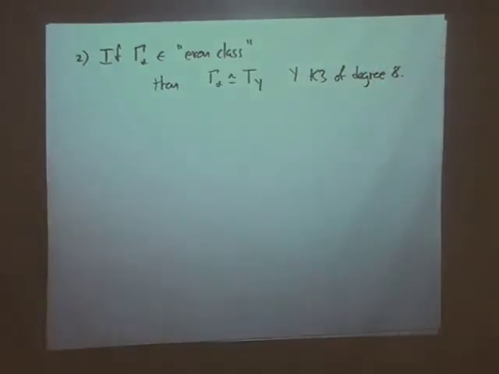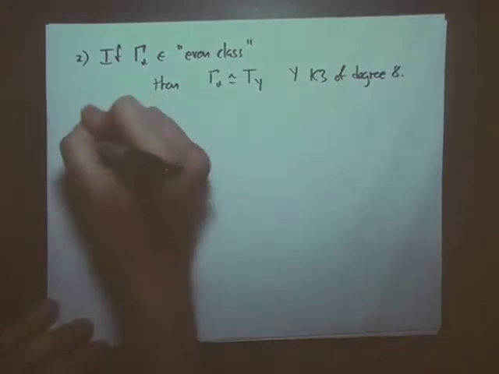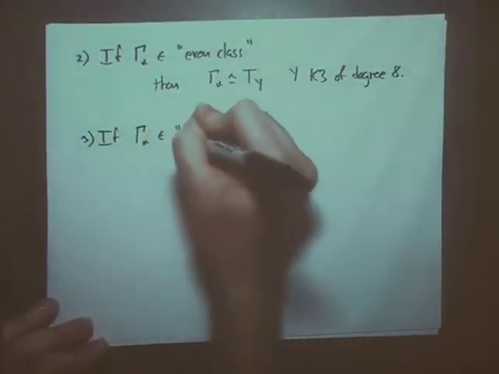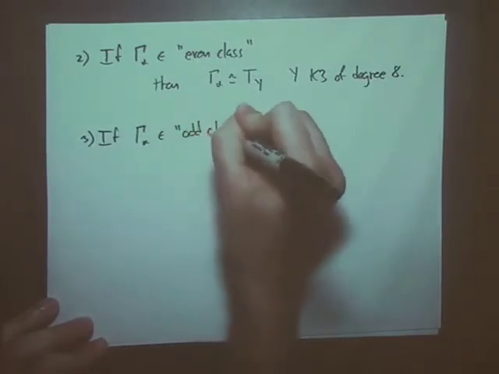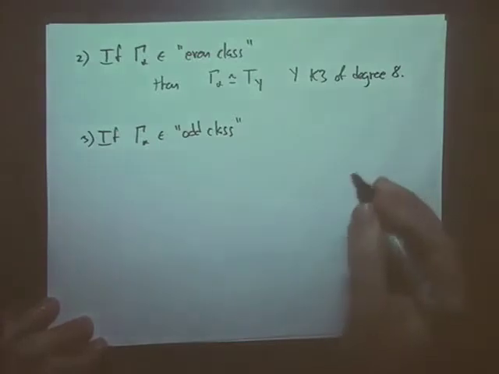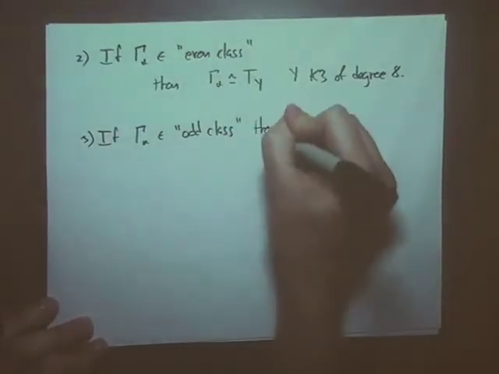We should view this first thing as a similar statement. We're saying that my sublattice of index 2, up to some sign, looks like the transcendental cohomology of some other variety. And there was the odd class as well. If I'm in the odd class, then this statement is similar to the first one.